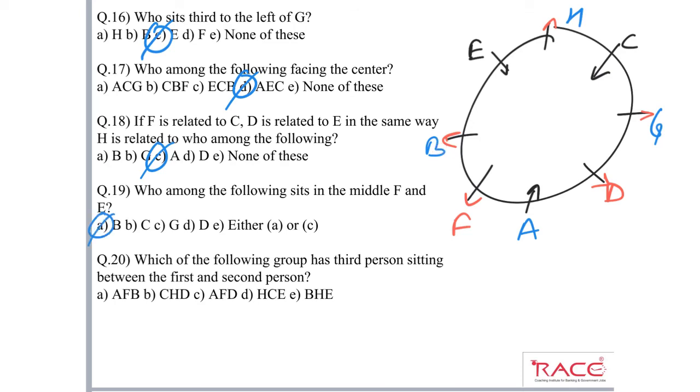Next, and the final question: which of the following groups has the third person sitting between the first and second? Okay, third person means this.